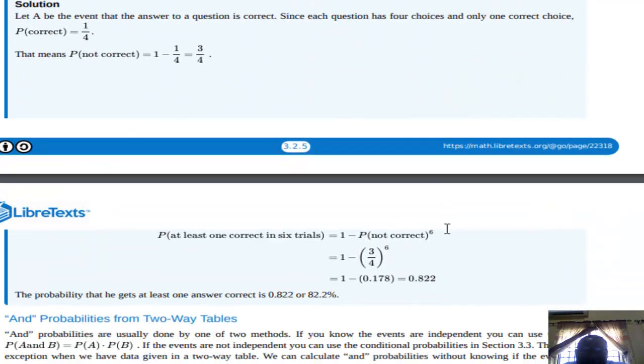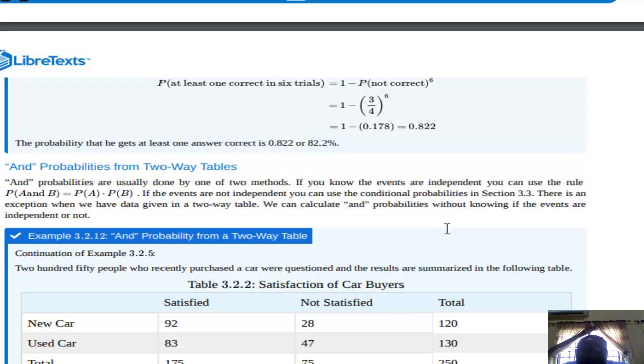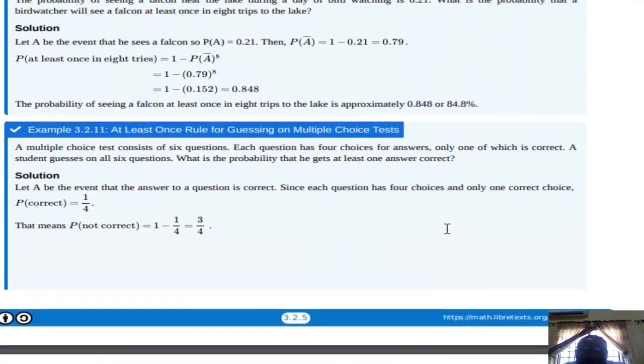I'm going to show you an example. Let's assume a multiple choice test consists of 6 questions. Each question has 4 choices, only one of which is correct. A student guesses all 6 questions. What is the probability that he gets at least one answer correct? The probability that he gets one answer correct is 1/4, because each question has 4 choices.